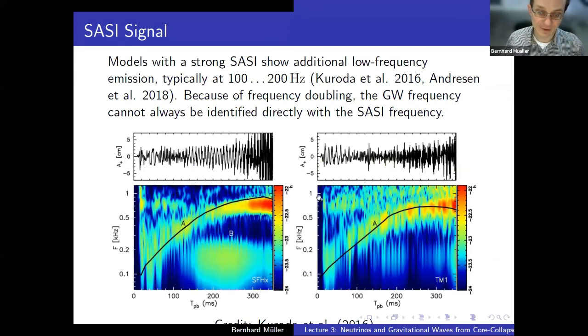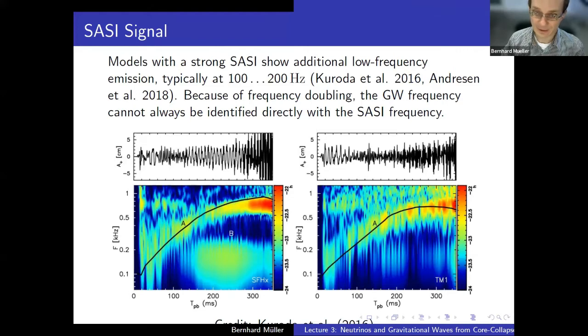Other specific signatures. I mentioned that the standing accretion shock instability actually has a distinct signal from the G modes that are excited by convection. That's because, unlike convection, which is in itself stochastic and just can give rise to a specific emission band if it excites a G mode, the SASI itself is an oscillatory instability, coherent fluid motions oscillating with a very well specified period.